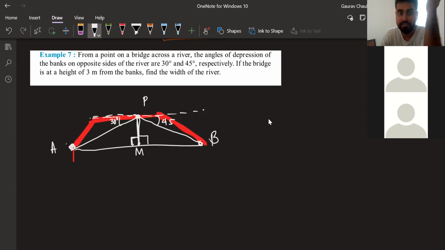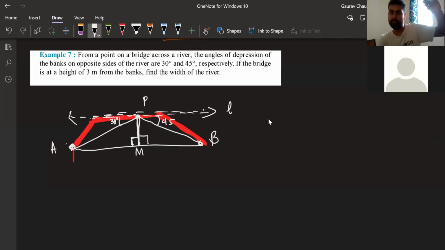AB is a horizontal line, going to be parallel to L here. We are taking horizontals here. So M is a point on the horizontal AB, and P is a point on the horizontal L. These two lines are parallel. P is directly above M, so PM is vertical, and it's going to be 90 degrees there.